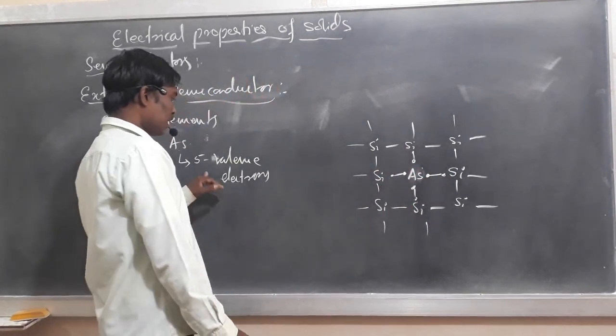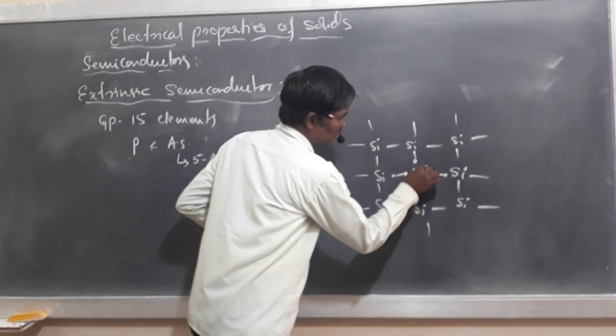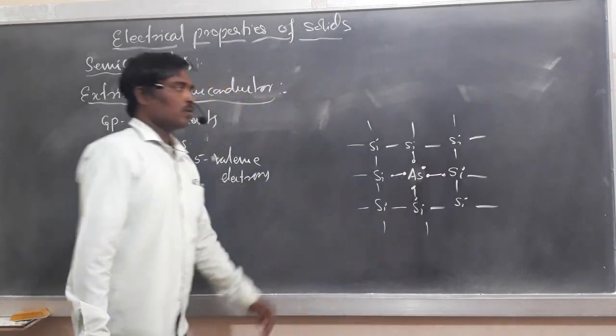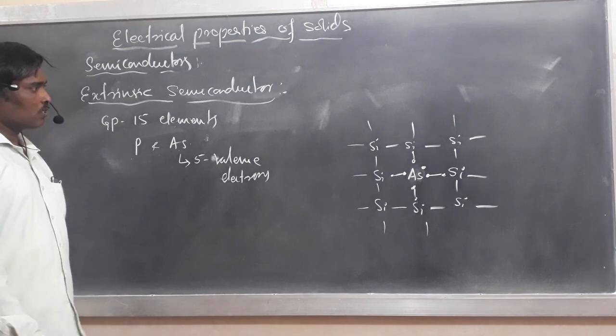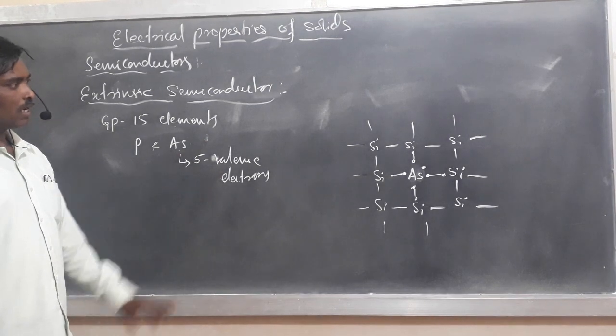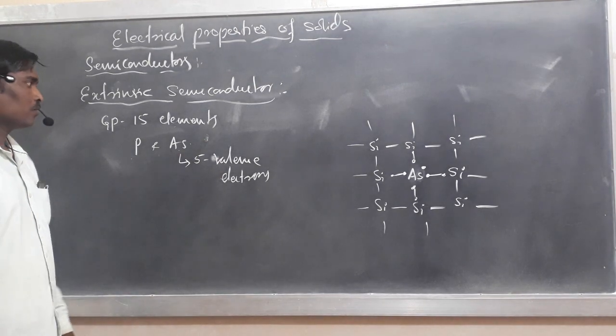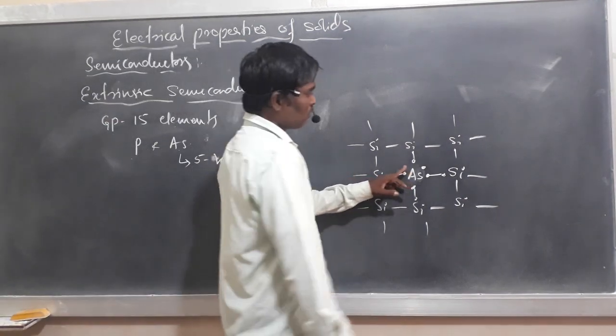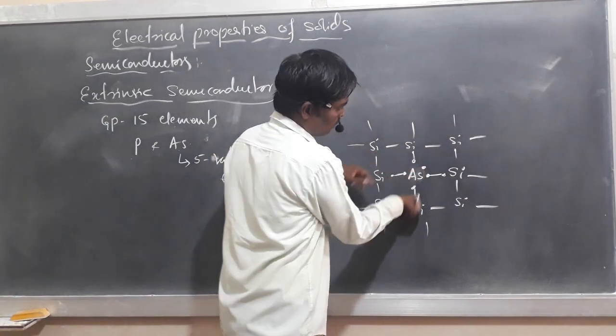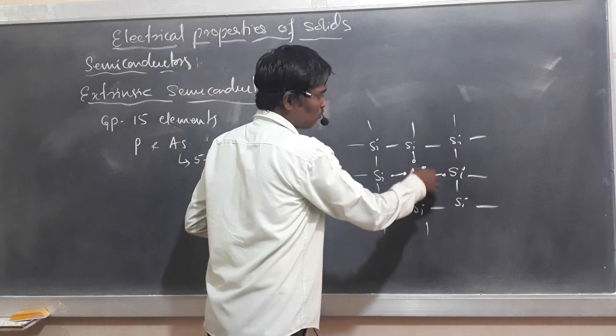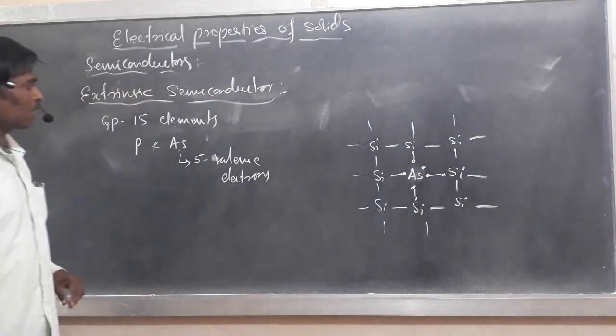Along with that, there is one more electron present on that arsenic. That electron carries the current. When it jumps from one place to another, it moves in the semiconductor and carries the current.